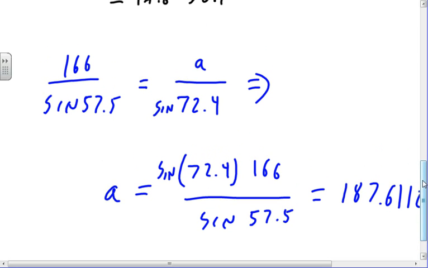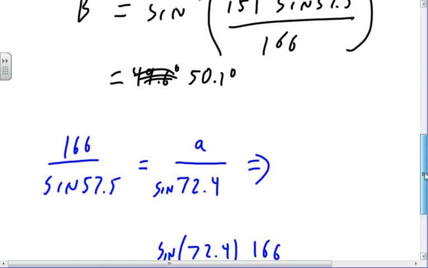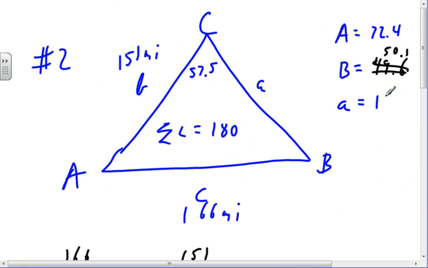Okay, how many significant digits do you think we have? 3. Okay, so we'll make that 188 miles. Now, are we right? Well, we don't know. We'd have to look in the back of the book. But the Idiot Check says the smallest angle should be opposite the smallest length.